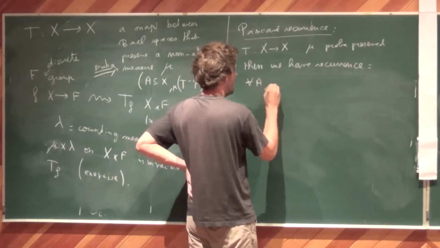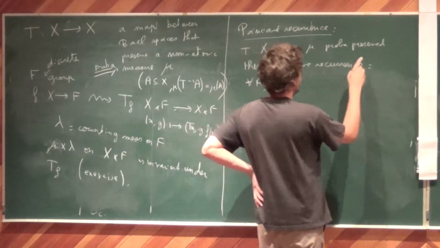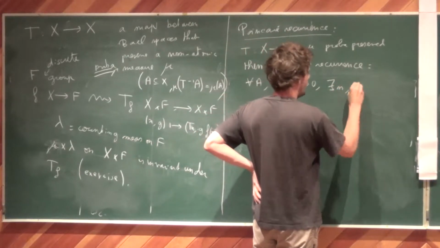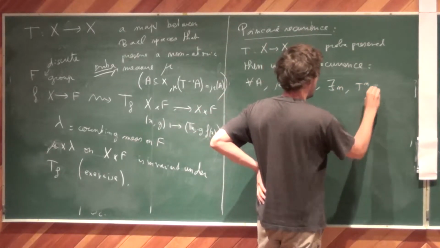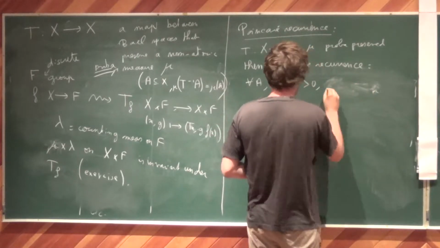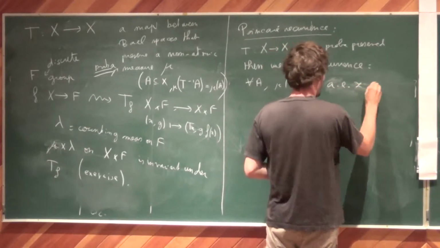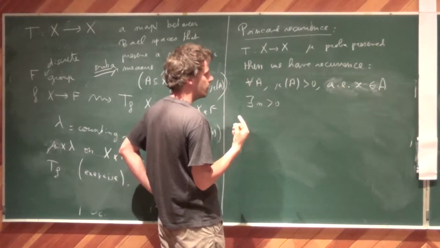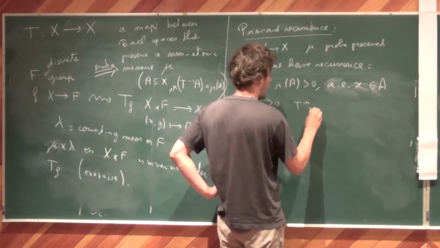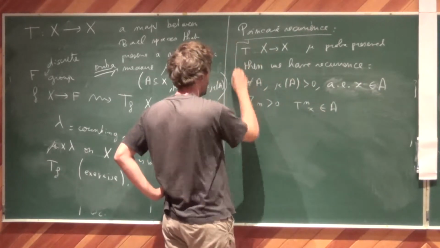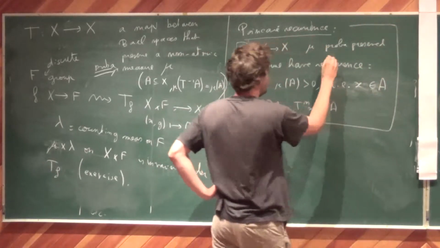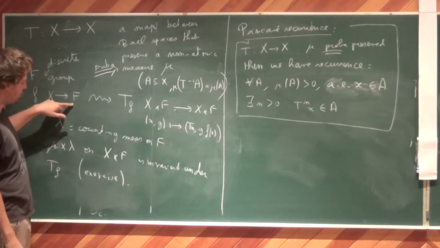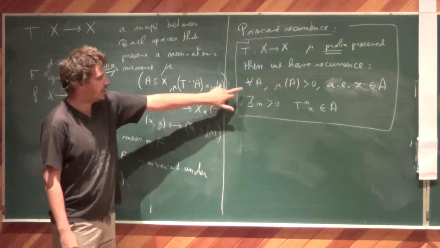For any A with positive measure, for almost every x that belongs to A, there exists a time n at which T^n of x goes back to A. So this is for finite measure, but as you see, if you start from an interval exchange and you pick F a finite group, this measure is finite, and this theorem applies as well.